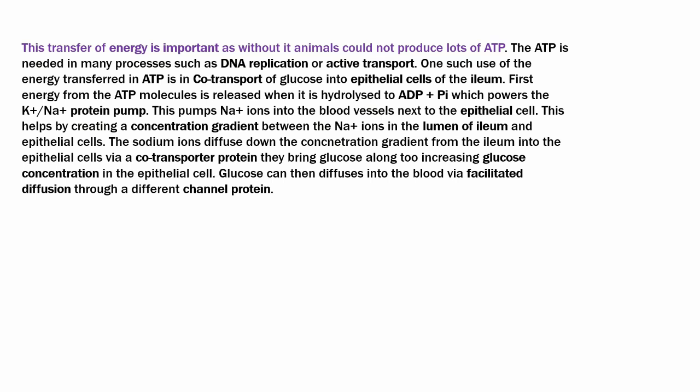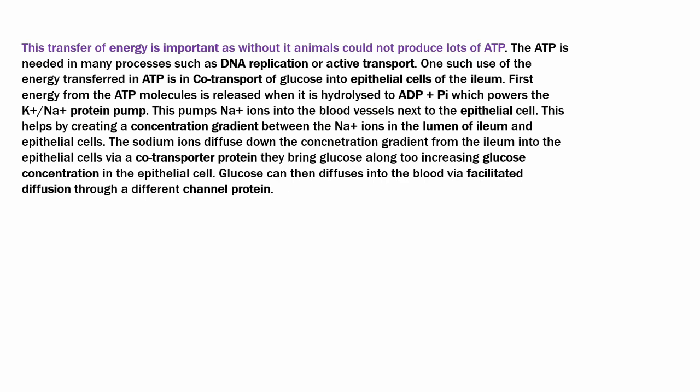So ATP is used in co-transport of glucose into epithelial cells of the ileum. First, the energy from ATP molecules is released when it is hydrolyzed to ADP plus Pi, which powers the sodium-potassium protein pump. This pump pumps sodium ions into the blood vessels next to the epithelial cell, which helps create a concentration gradient between the sodium ions in the lumen of the ileum and the epithelial cells, because the sodium's gone into the blood.